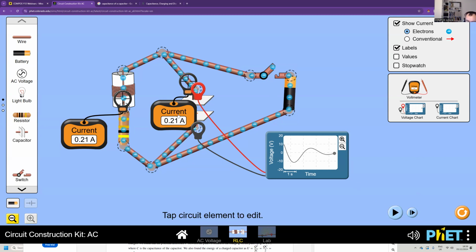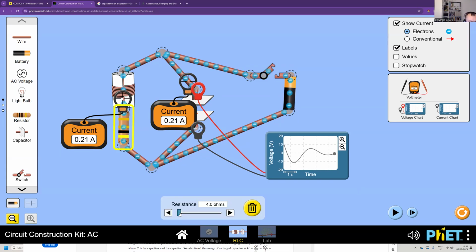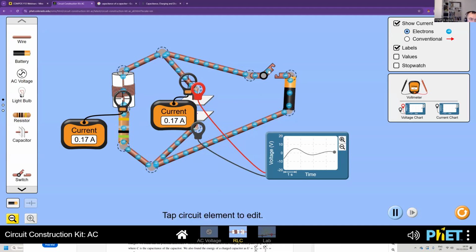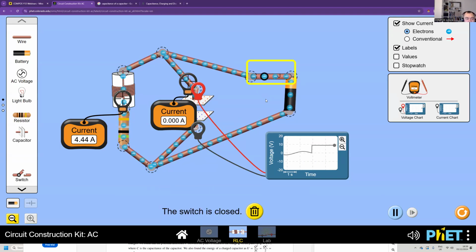An interesting fact: the voltage goes above 10, very briefly, but it goes above 10. Let's reduce the resistance even further. Close the switch. Oh, wow.